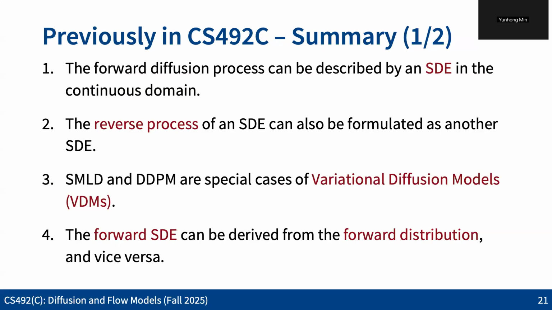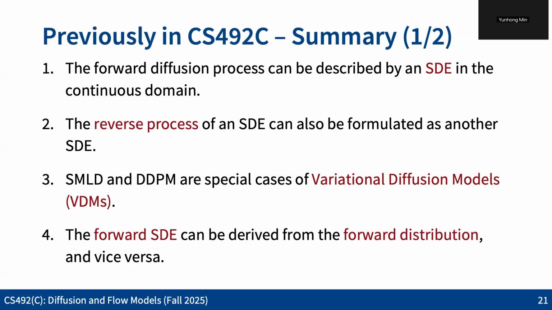And we also started to see a more general version of the diffusion models, which we call the variational diffusion models, or sometimes the diffusion probabilistic models. The SMLD and the DDPM are basically special cases of this general form, right? So these are the key facts.